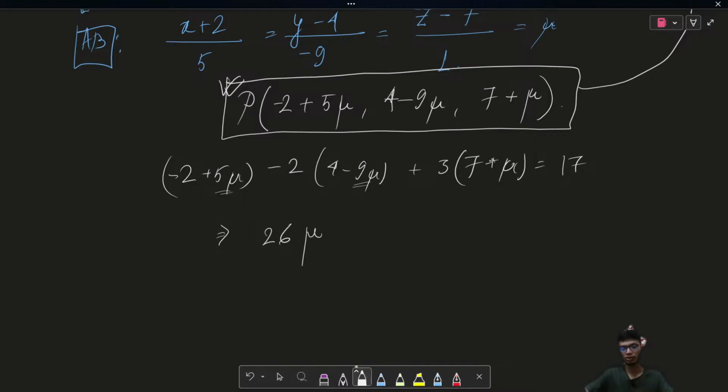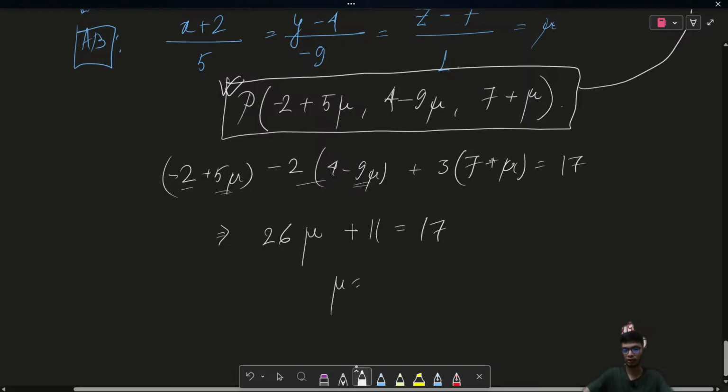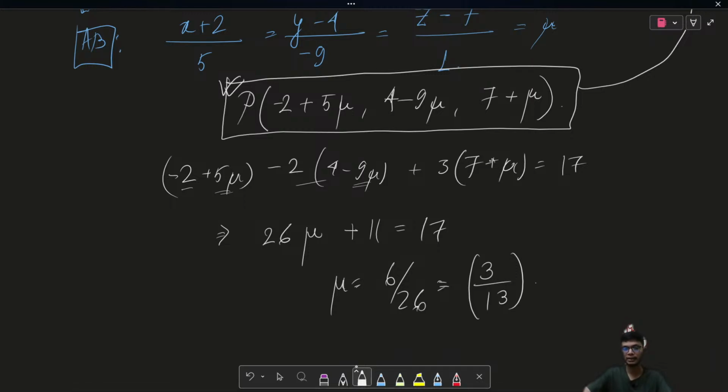And then if you add the constant part, it's minus 2 minus 8 minus of 10 and then plus 21, which is going to be plus of 11 is equal to 17. So you can solve for mu, which will be equal to 6 upon 26 or 3 upon 13. So you will get the value of mu as 3 upon 13, right? Please check the calculation. I might make a mistake over here, but please check the calculation again.